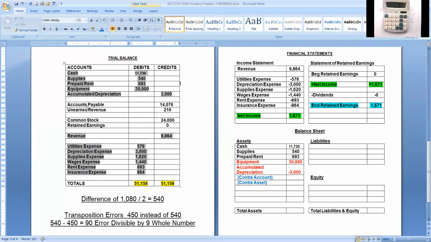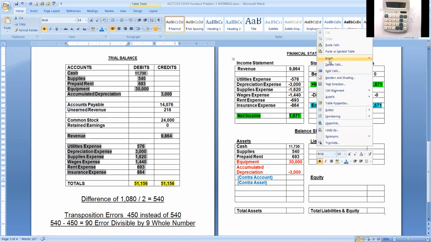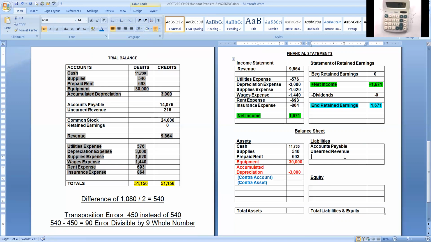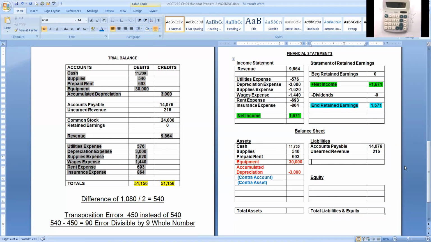Okay, so we still have accounts payable and unearned revenue. Those will be liabilities. So this will be total liabilities. Those two together.